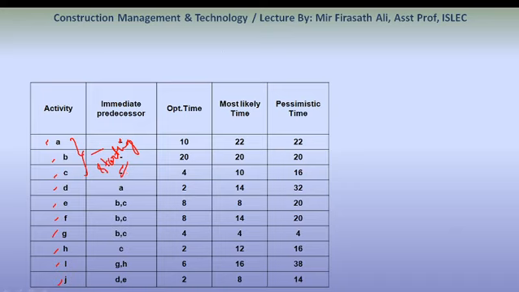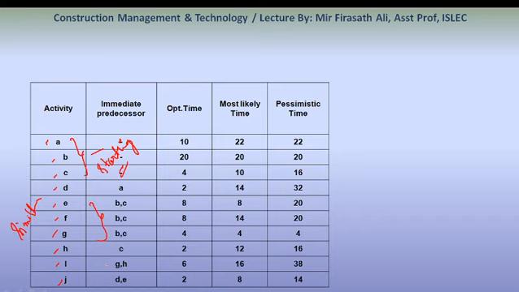The immediate predecessor of D is A. For E, it is B and C; for F, B and C; for G, B and C. So these three activities are also simultaneous activities.